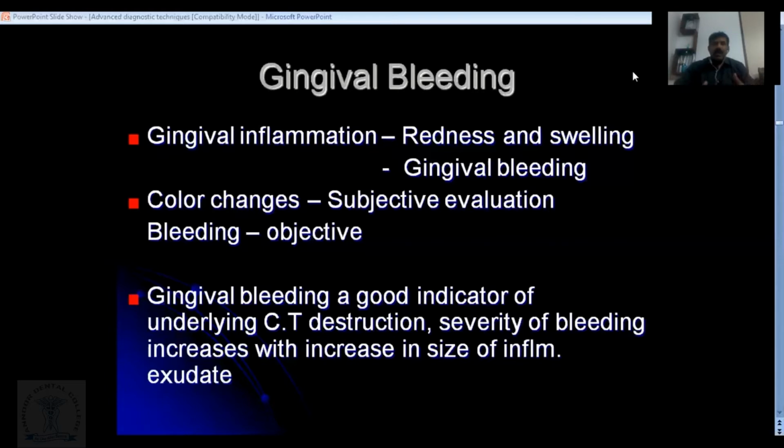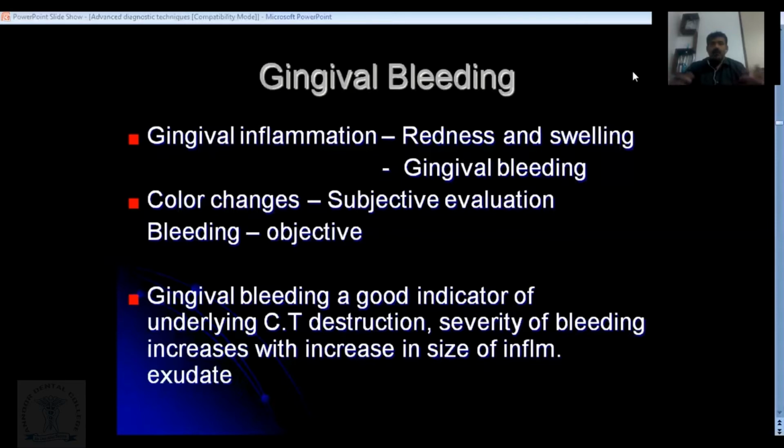Suppose I am examining a patient, I'll look at the gingiva in relation to that particular tooth and record it as bluish red. A second person examining the same area may write grayish red. So there is a subjective difference in the evaluation when you look at color changes.